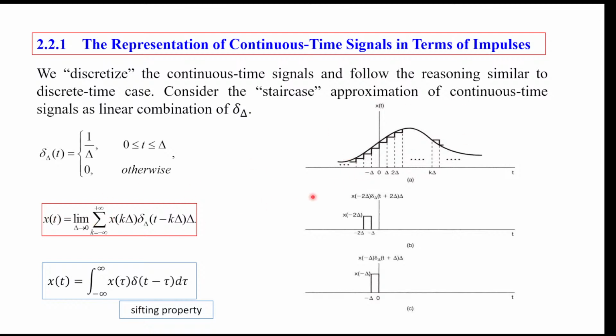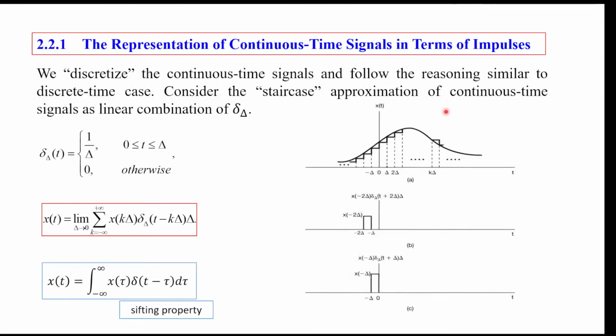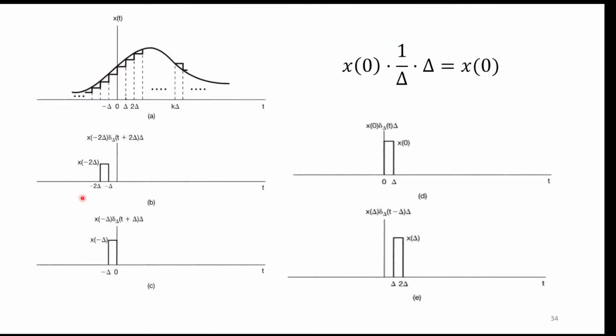The staircase function can be written in this way: it is a linear combination of each stair, and each stair is a function that has height being x at some value, say minus 2 delta, so the height will be x of minus 2 delta, but we can express this as our delta sub delta function times something.